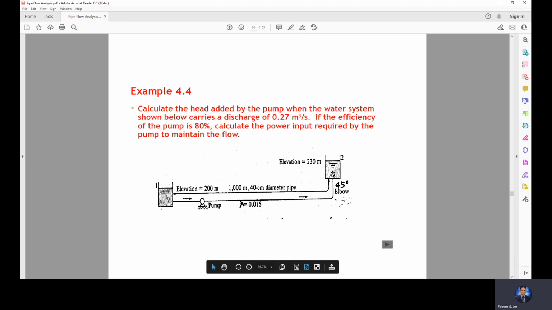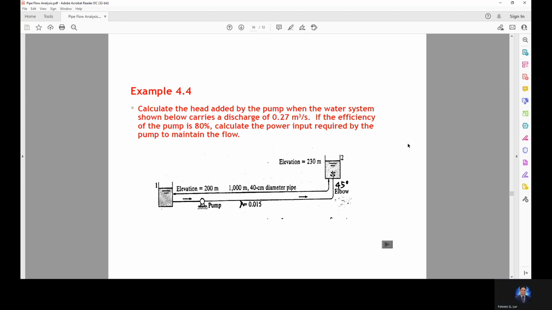At the tank, we can just assume that the velocity inside the tank is 0. Of course, inside the tank your water will not move. Your water will only move once it is in the pipe. But inside the tank, your water is basically stationary. So there is no velocity head, no energy due to movement. Same with point 2.